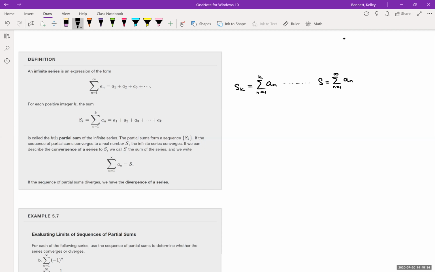Hopefully it's clear that the way to do that is just evaluate the limit as k goes to infinity of s sub k, which equals the limit as k goes to infinity of the partial sum from n equals 1 to k of a sub n. And so this is our infinite series.